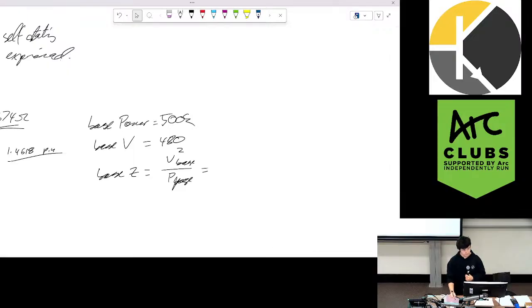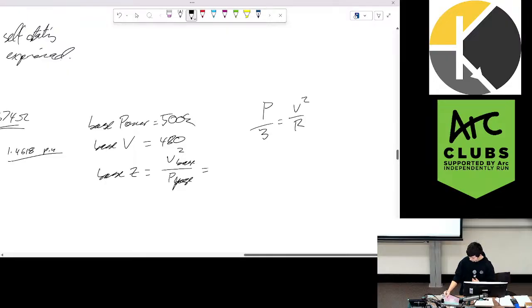It does need to be per phase. That is true. So I need to multiply by 3 or divide by 3. What do you reckon? I'm pretty sure it's multiplied by 3. You need to divide your power by 3. P on 3 equals V squared on R, and your voltage right now is line, so that needs to be R equals 3V squared on P. Is that line voltage or phase voltage?